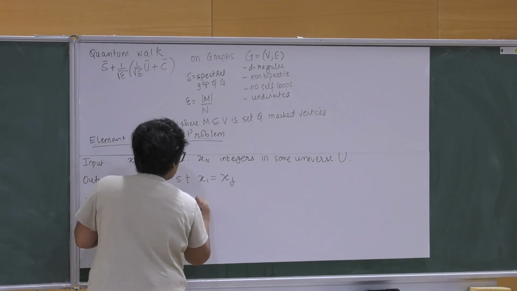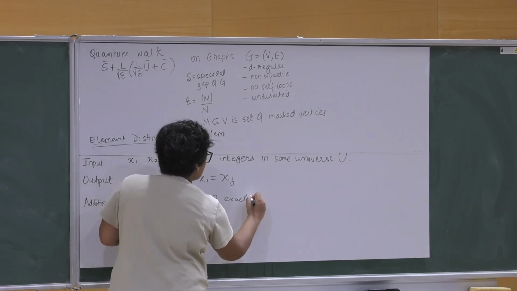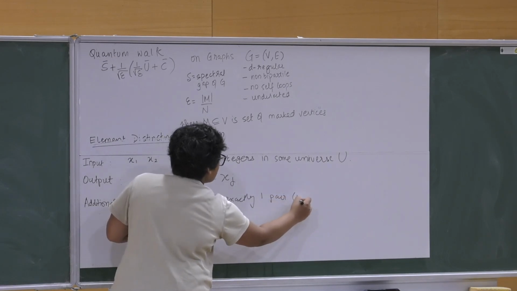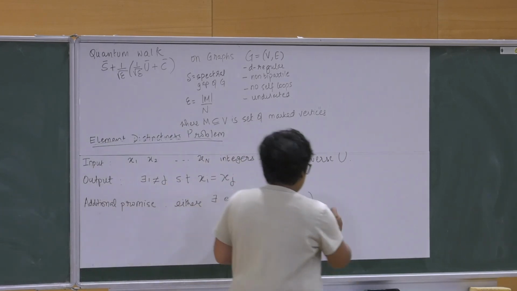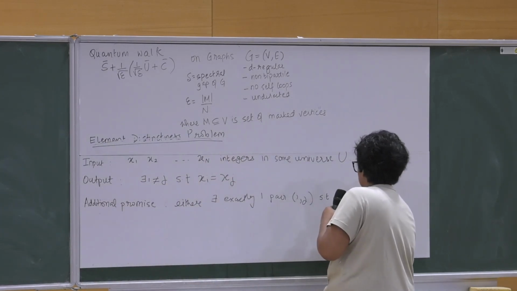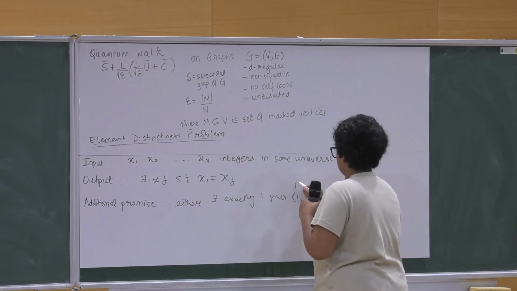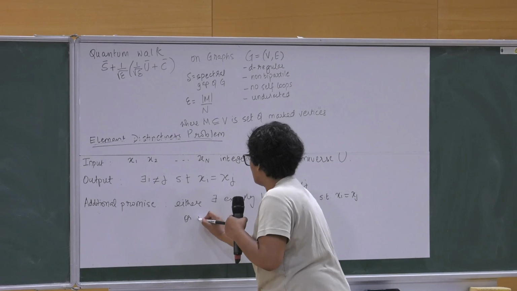is that either there exists exactly one pair ij of this condition, or no pair at all.